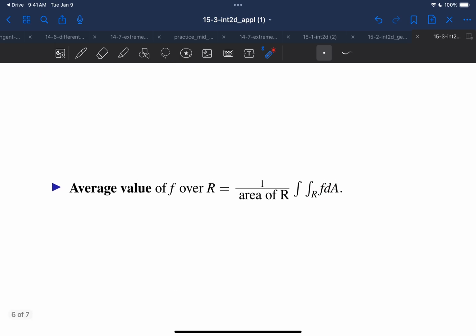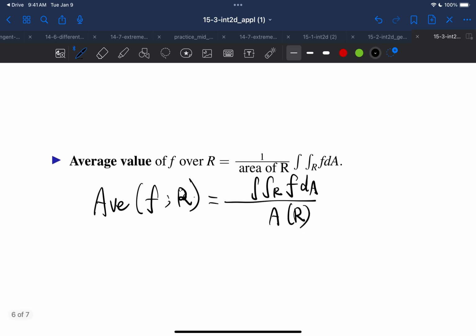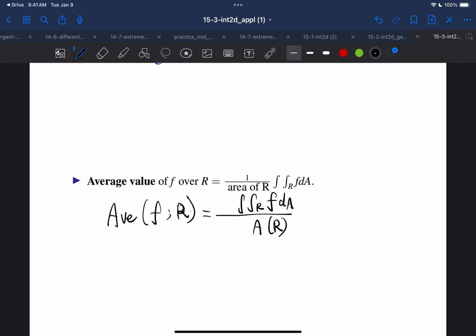So we often write this as following: average of f over R is going to be double integral over R of f dA over area of R. So this is the definition of average.